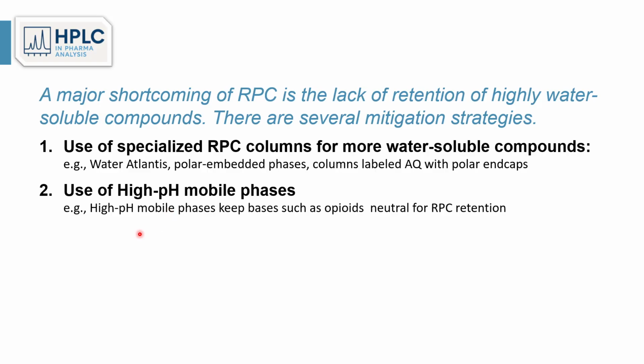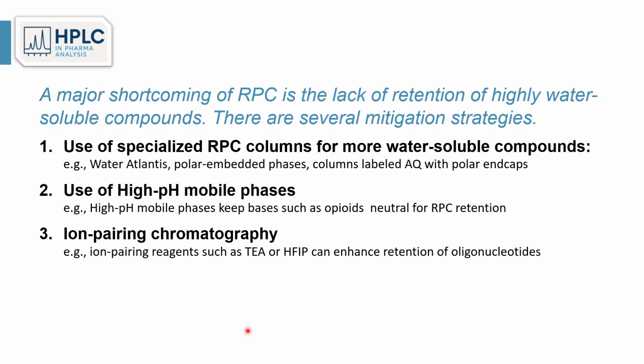Next is the use of high pH mobile phases, particularly effective for the analysis of opioids, which are very water-soluble bases, because at high pH, about 8 to 10, these are non-ionized, or neutral, for good reverse phase retention.